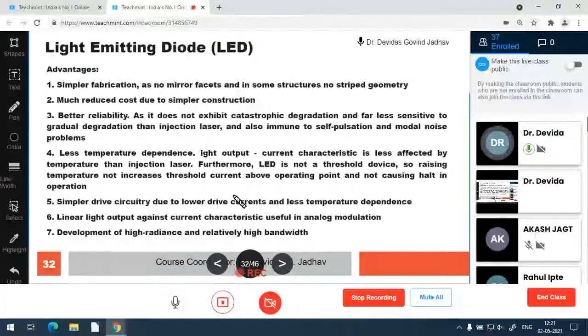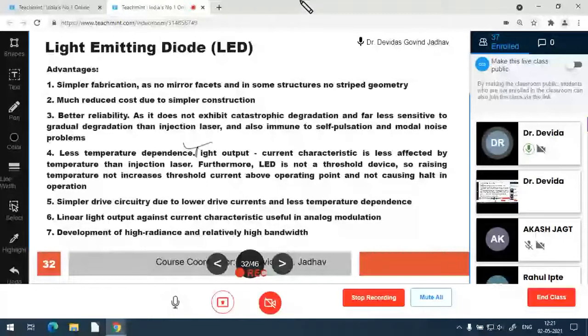Then next, fourth, is less temperature dependence. It has very little temperature dependence of light output. The laser operates at high power, so there will be temperature shifts.